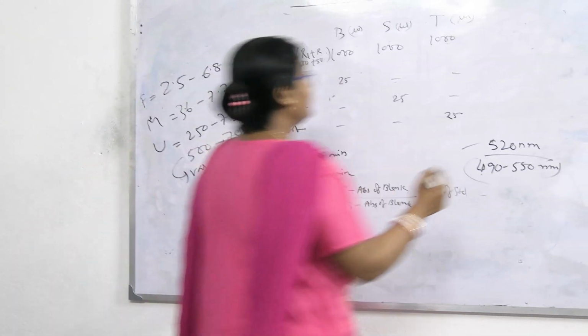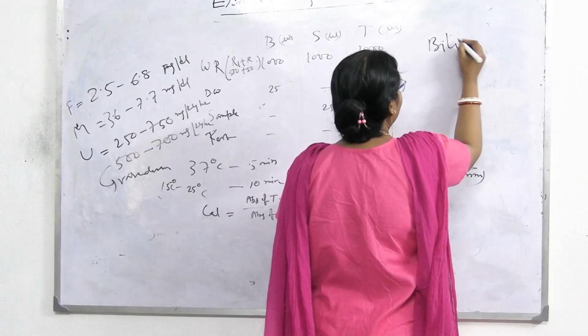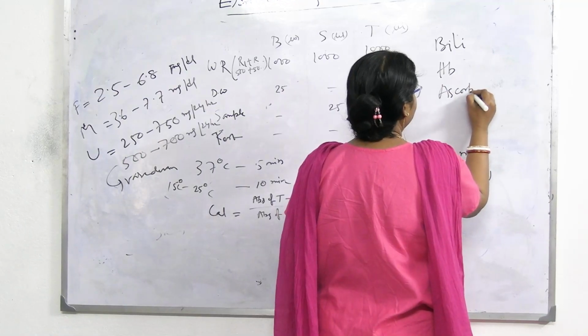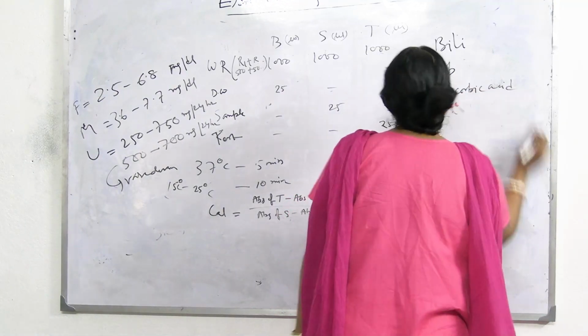Interference: bilirubin, hemoglobin and ascorbic acid will interfere. There are some values.